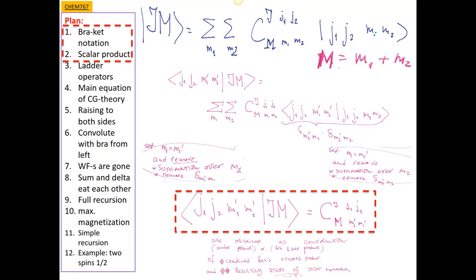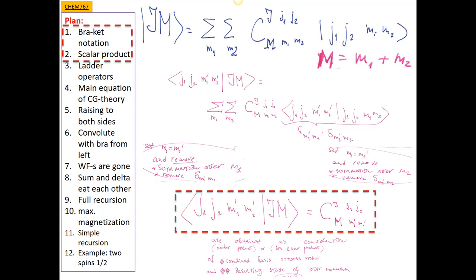So even if you're not comfortable with bra-ket notations, which we should be, it is shorthand notation for wave functions, and the product of bra-ket corresponds to either integration if they are in continuous space, or scalar product if they are in discrete space.